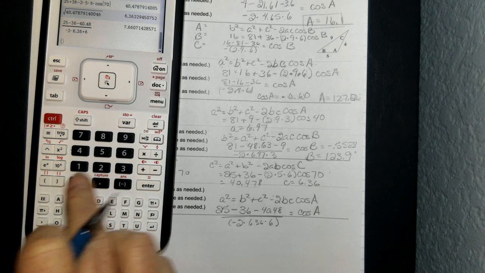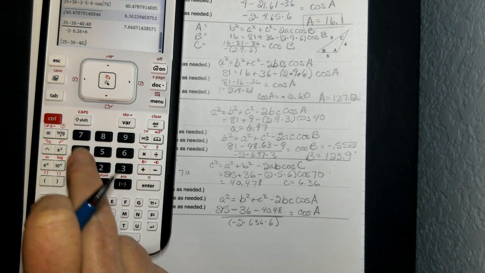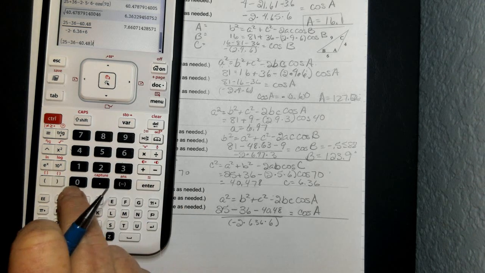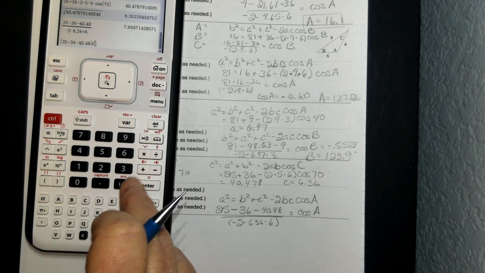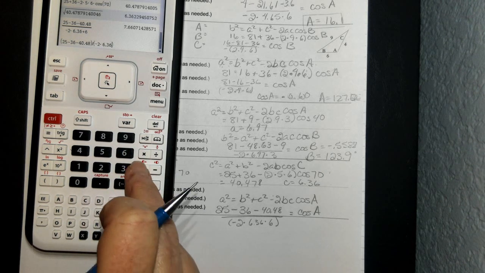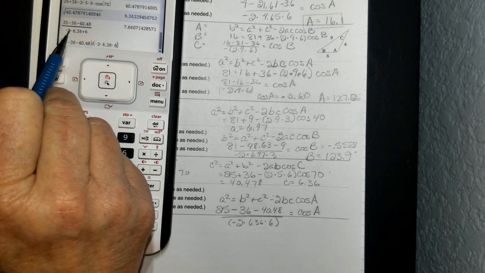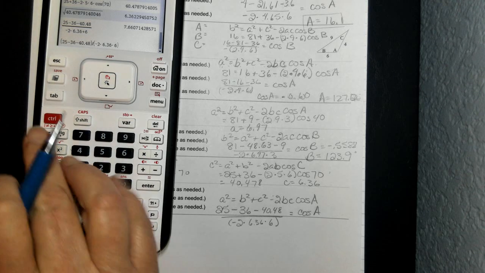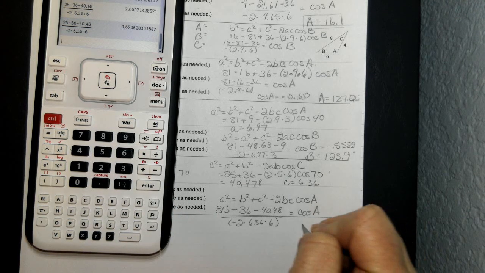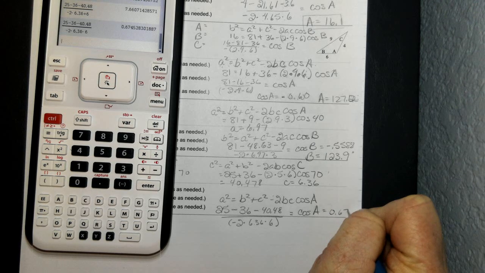So parentheses, 25 minus 36 minus 40.48, close parentheses, divided by, parentheses, negative 2 times 6.36 times 6. I see what happened there. I had to hit the plus instead of the times there, so you've got to be careful how you enter things. And so now I have cosine of A, which is between negative 1 and 1, so 0.67.